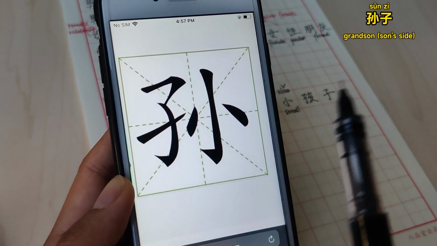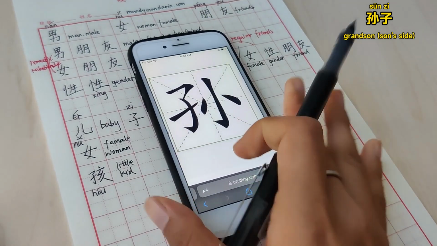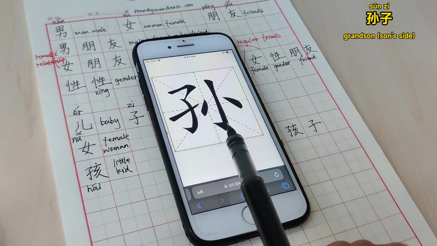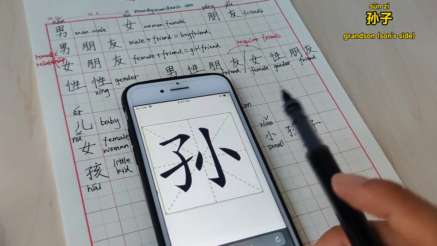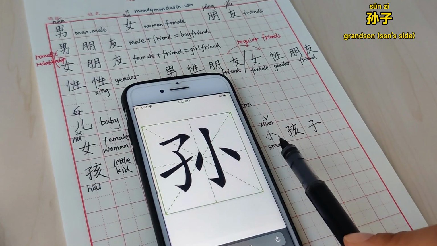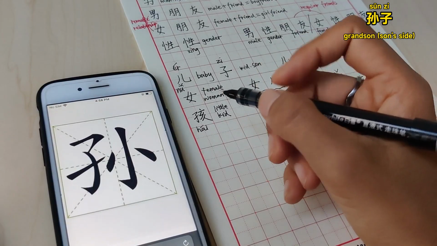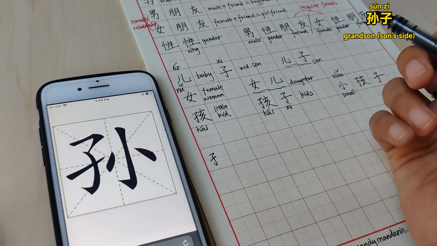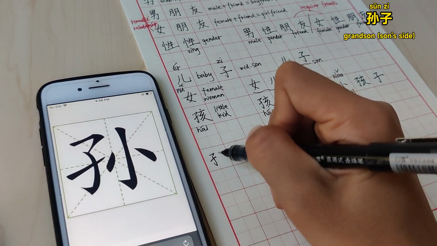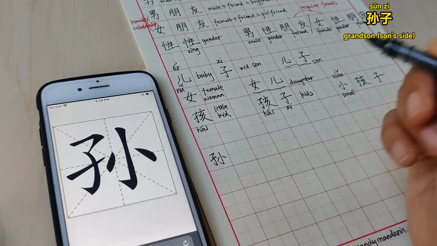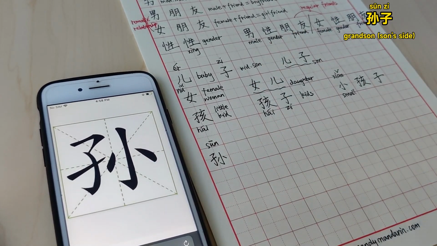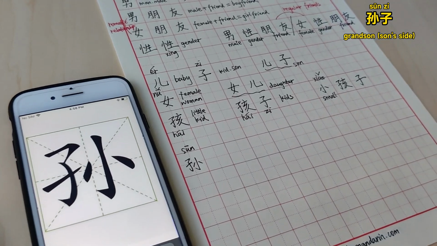So on the left, ta-da, right here. As for the right part, ta-da, right here. On the left, 1, 2, 3. On the right, 1, 2, 3. This is 孙.